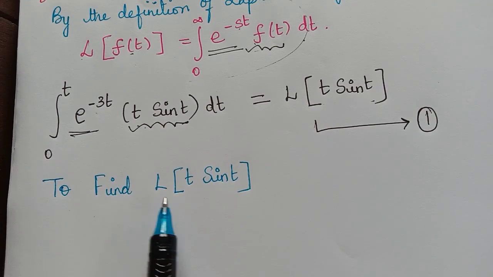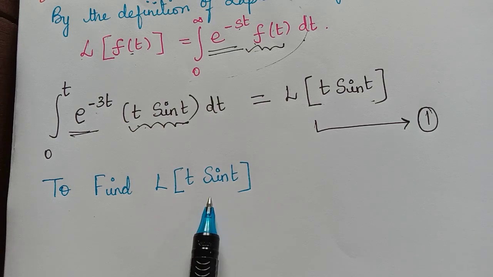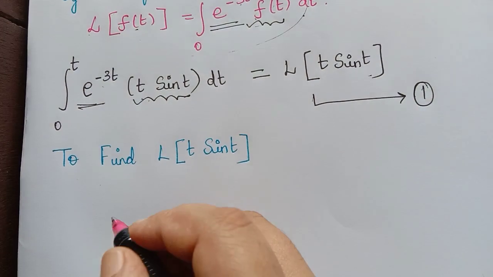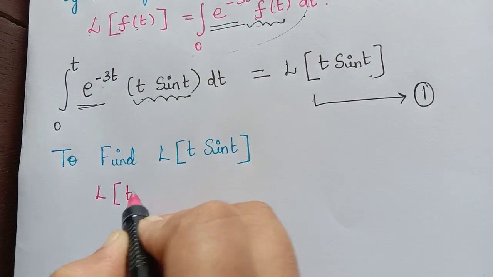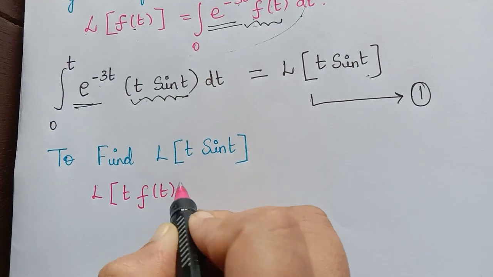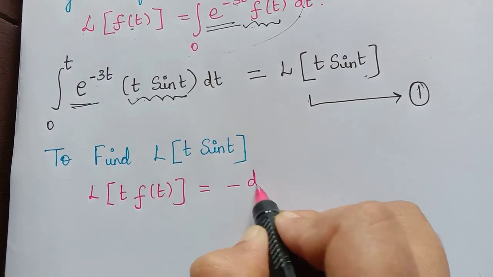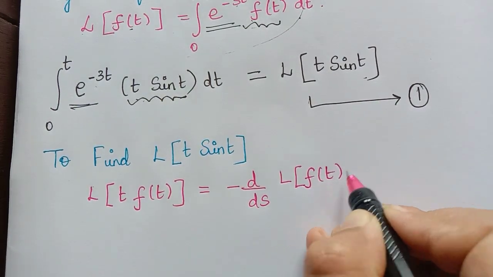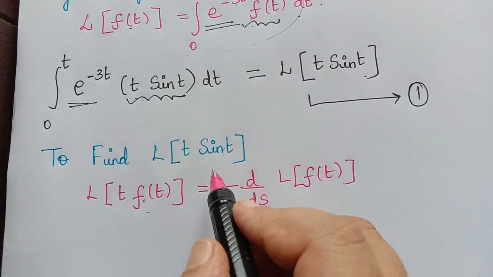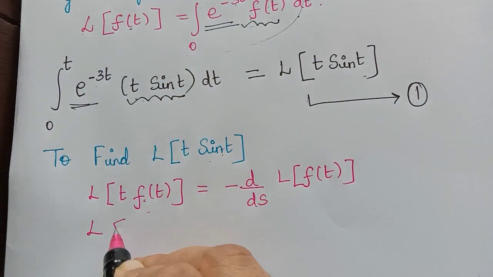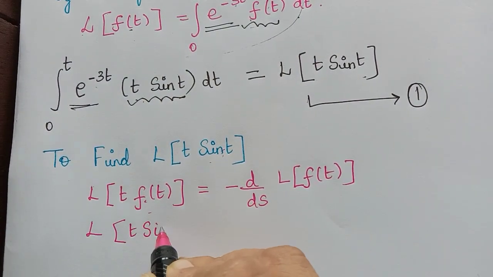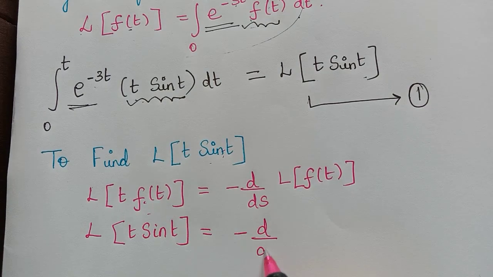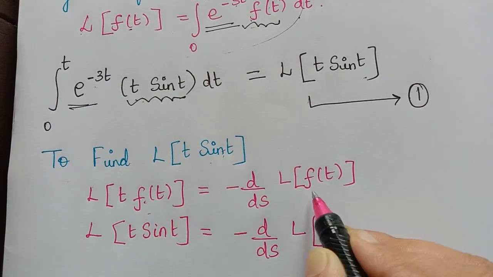Now in order to find L of t sine t, we will be using theorem 2, which says that L of t f of t is equal to negative d by ds of L of f of t. When we compare these two, we can write L of t sine t to be equal to negative d by ds of L of f of t.